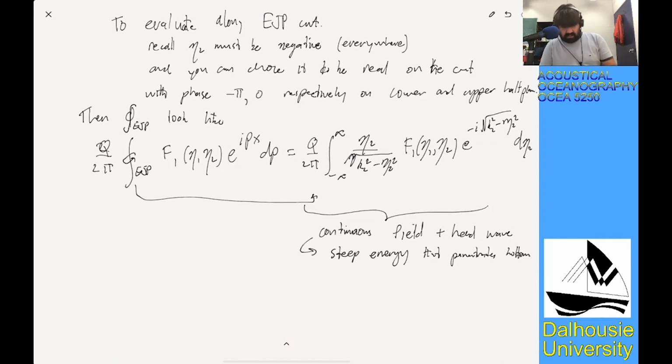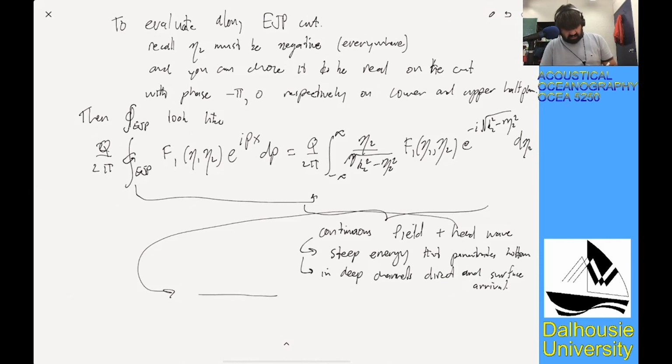And in deep channels, this can be the direct and surface arrival. And of course the head wave, which we sort of discussed earlier, is this wave that propagates when you have the critical angle, the critical grazing angle.